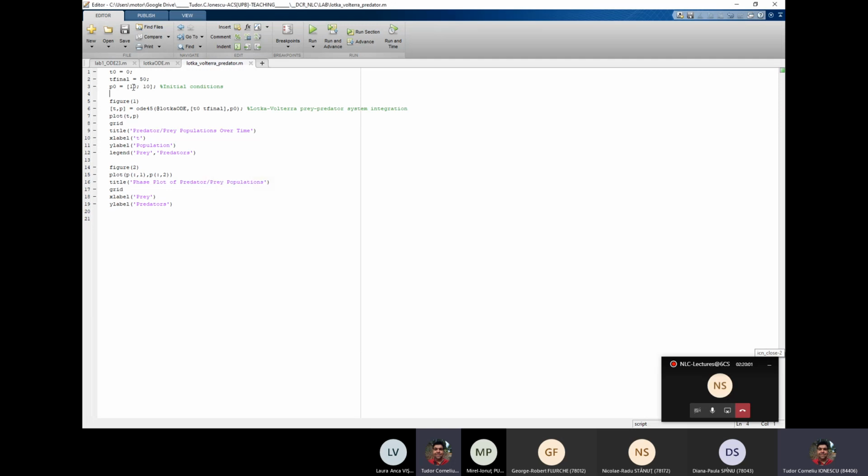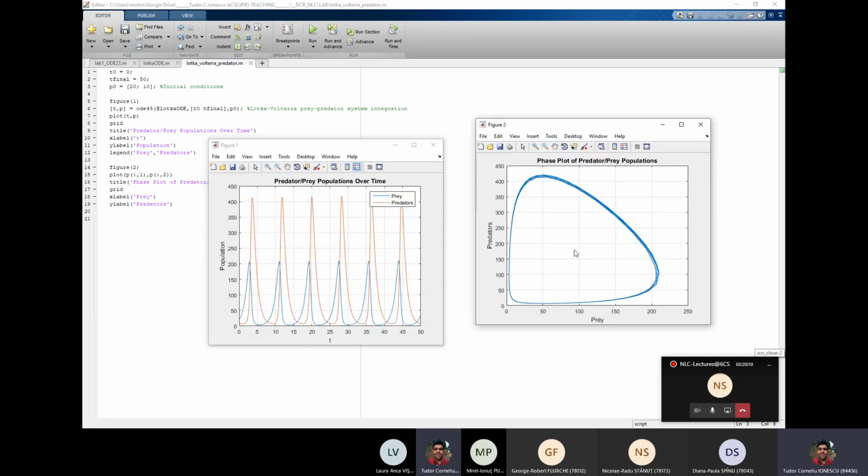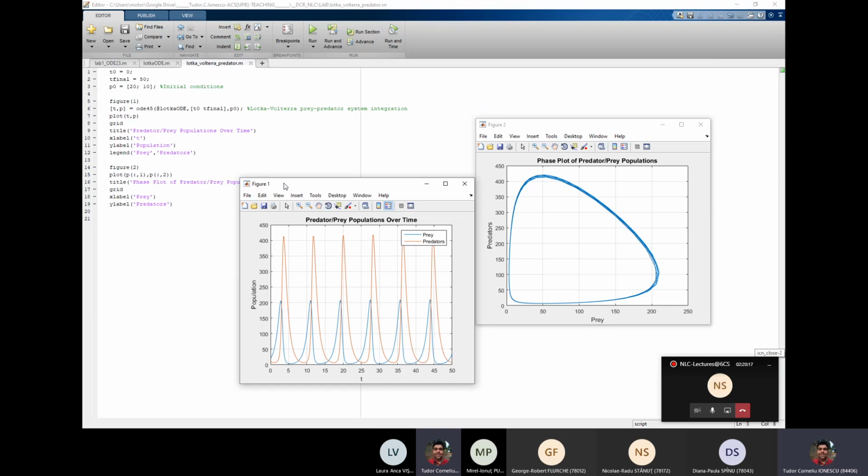Now let's see what happens if you put more predators over a smaller number of prey. More predators or more prey? It's actually more prey this time.